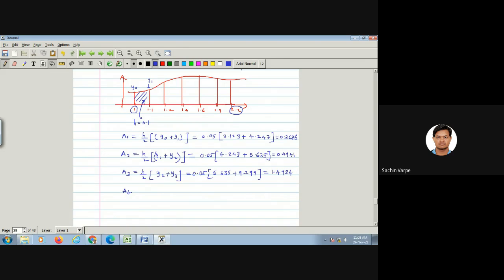A4 is h by 2 times y3 plus y4, 0.05 into 9.299 plus 14.307.